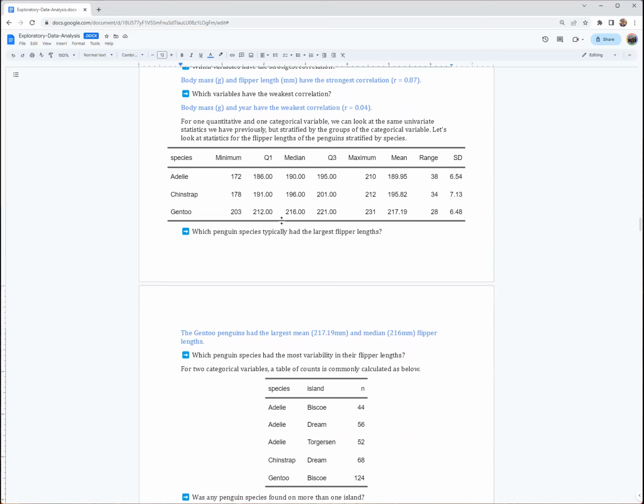The maximum would not be a good measure of which one typically had the largest flipper lengths, because that's just one individual penguin that had this value.